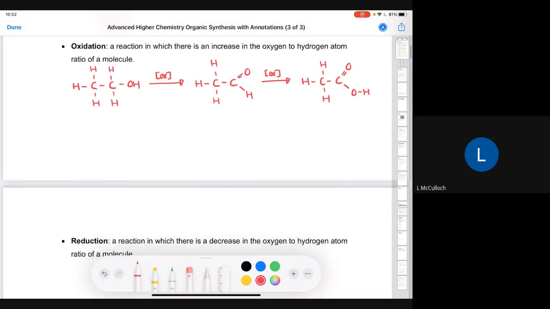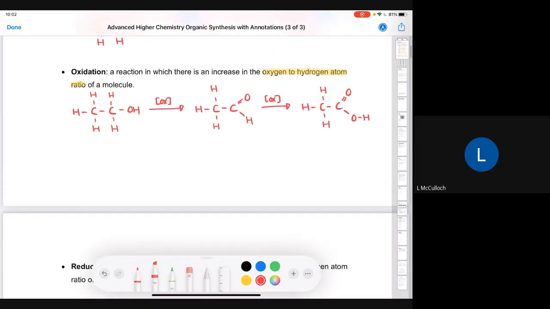An oxidation reaction is an increase in the oxygen to hydrogen ratio of a molecule. So let's look at the oxygen to hydrogen ratio for each of these.